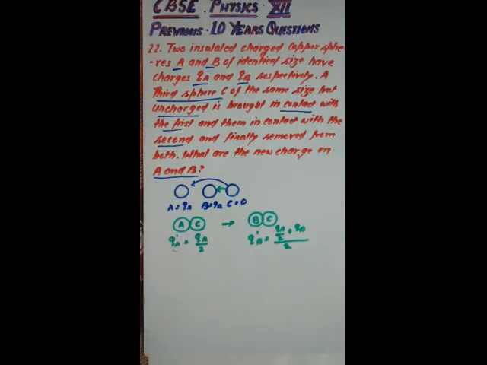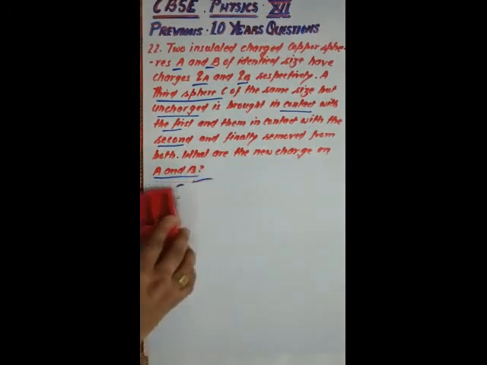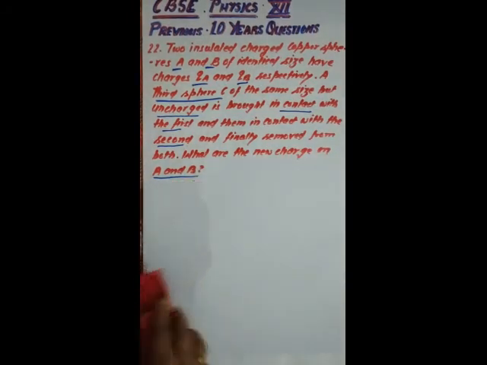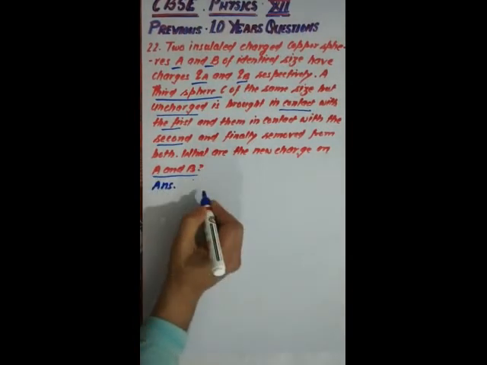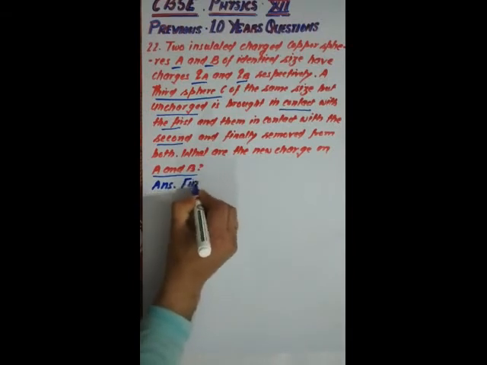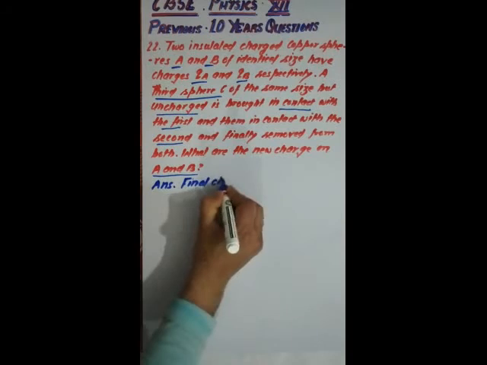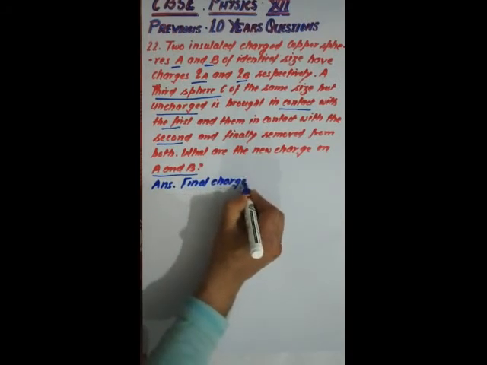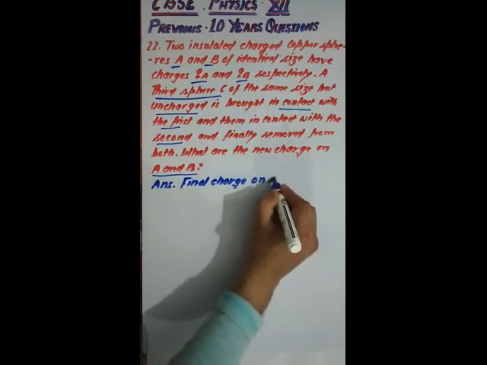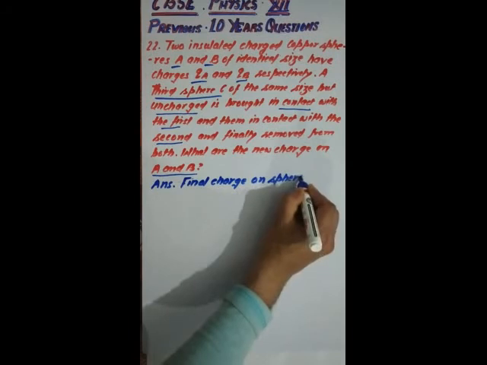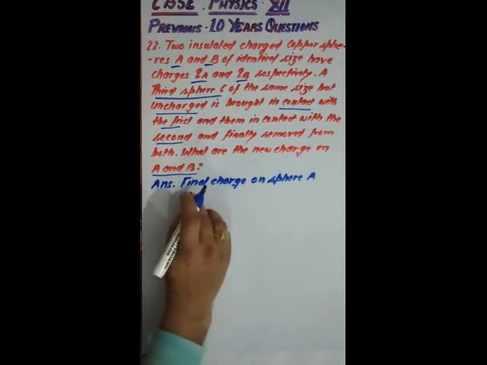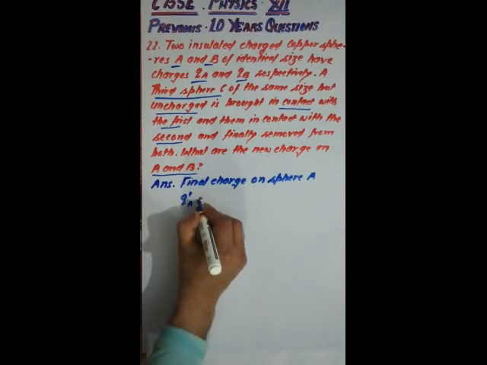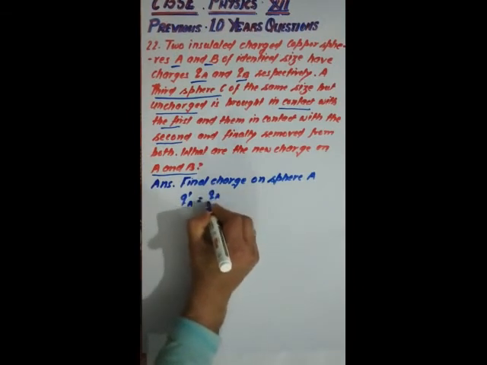So you can solve the question. Final charge on sphere A is QA upon 2.